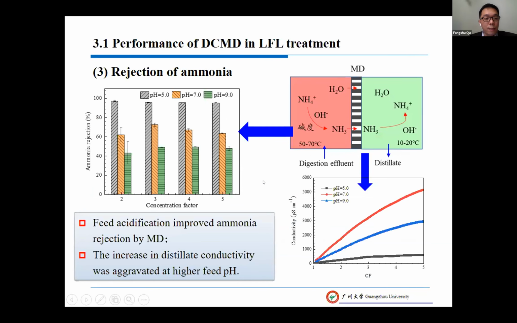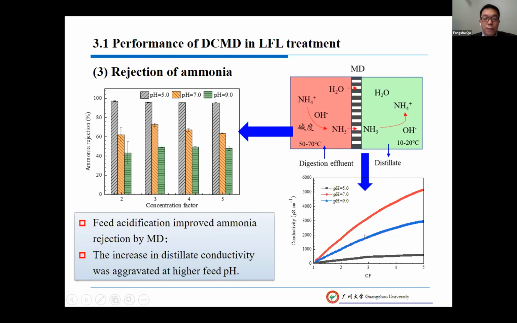Because ammonia is a volatile pollutant, it can penetrate through the membrane, especially in alkaline conditions. So the rejection of ammonia is around 15% at a pH of 9. When the pH was adjusted to 5, the rejection rate would increase to 96%.